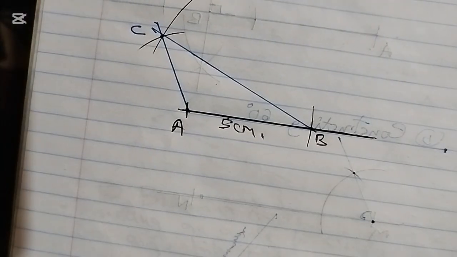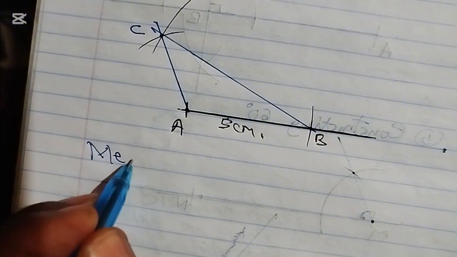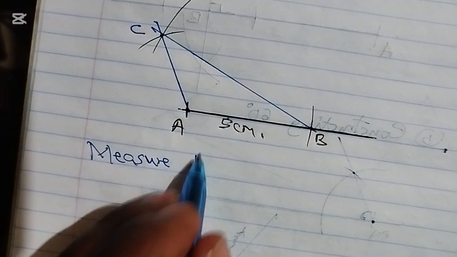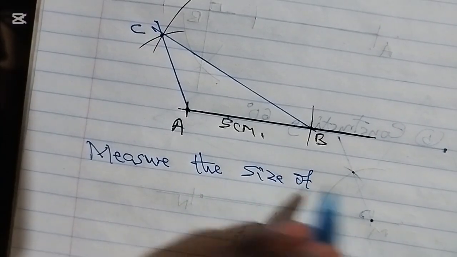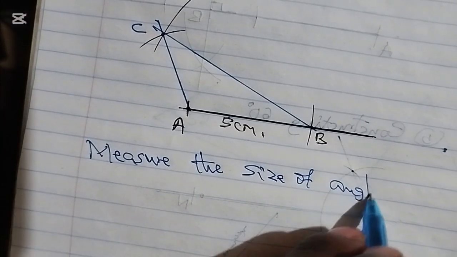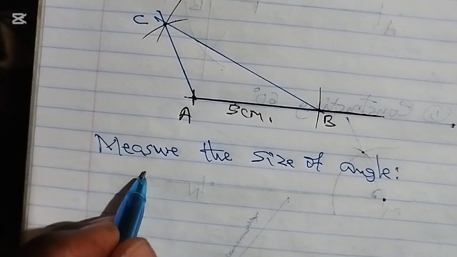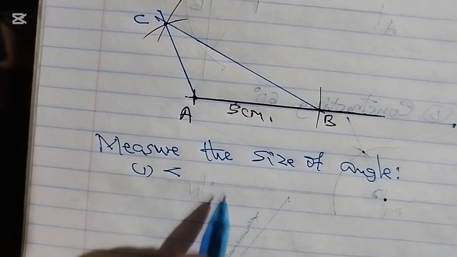So I have these questions here. Measure the size of angles. Roman 1, angle ABC, that's the symbol we use to denote angle.